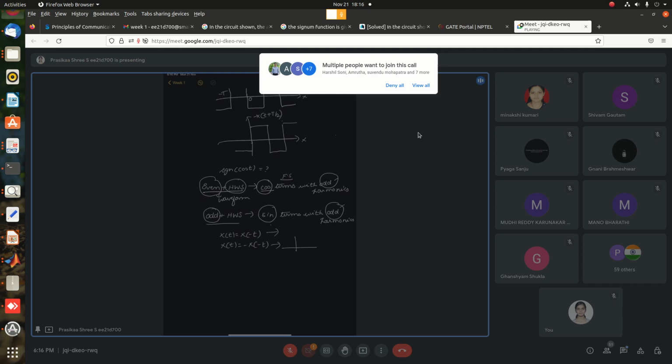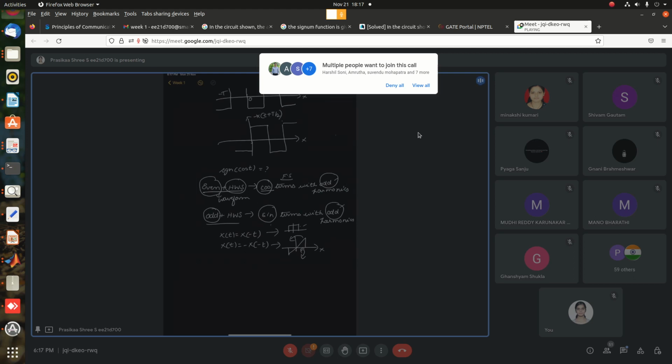For example, this is an odd signal. This is an even signal. If you're flipping along the y-axis and then along the x-axis, we'll be getting the same x of t signal. Similarly here, if you're flipping along the y-axis, you'll be getting the same signal. So that's what this even plus half-wave symmetric means.